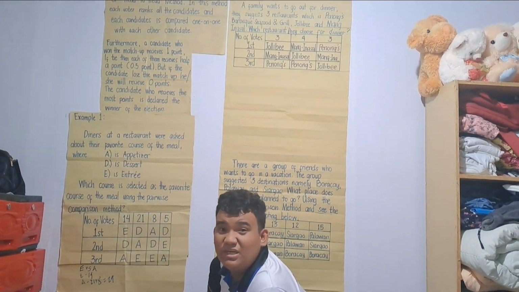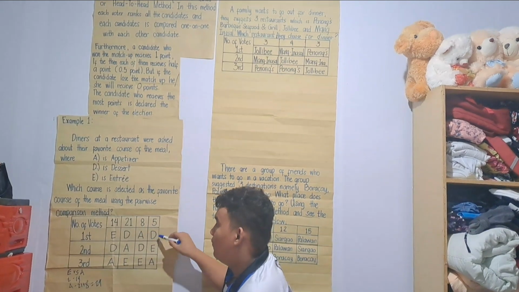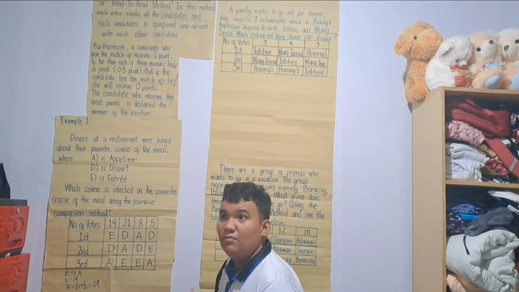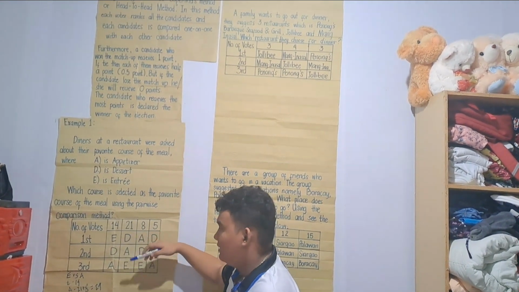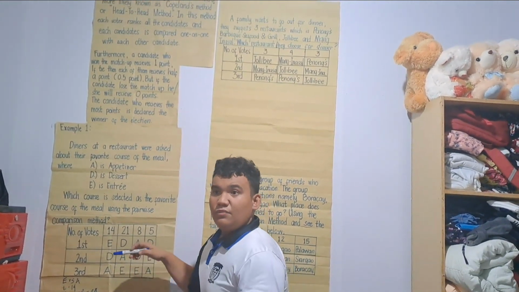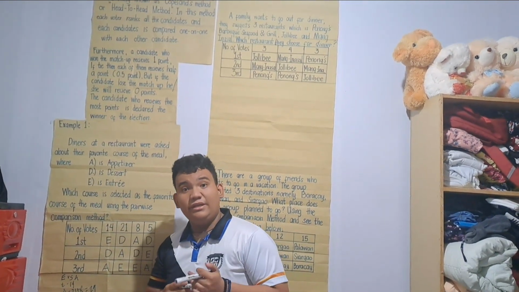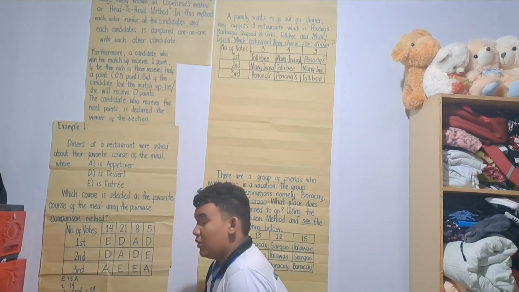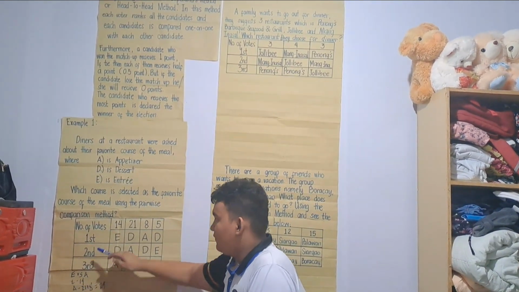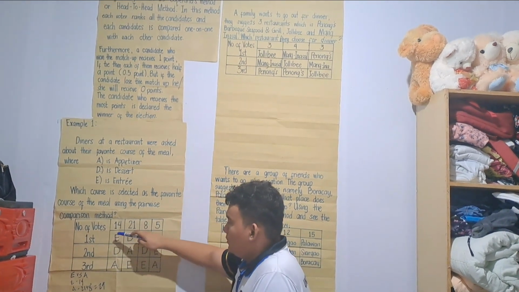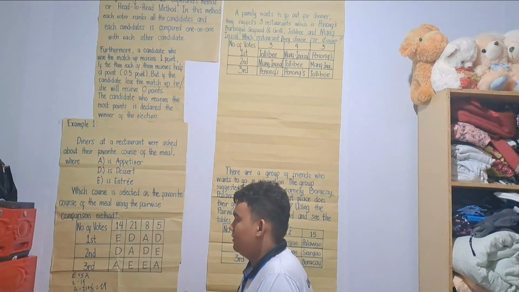To know the winner of the matchup, we need to count the votes in each column to determine the winner in each matchup. So the first matchup is entree versus appetizer, right? So we need to find, in each column, the entree and appetizer.